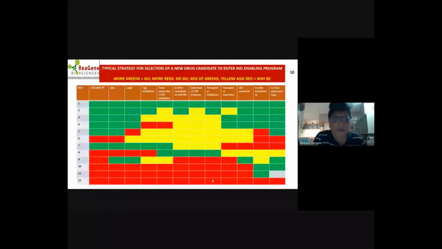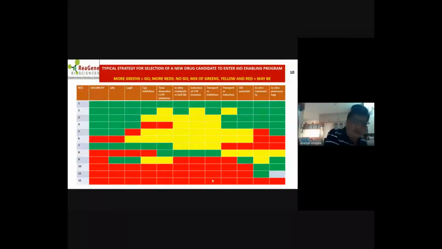Next one, please. So when we do early drug discovery, we do a lot of screening approaches. I'm not going to talk about all these different screens, but what we do is we put the results in a green, yellow, and red chart. If we have more greens, we can proceed into the clinical trials. If we have more reds, we cannot proceed.